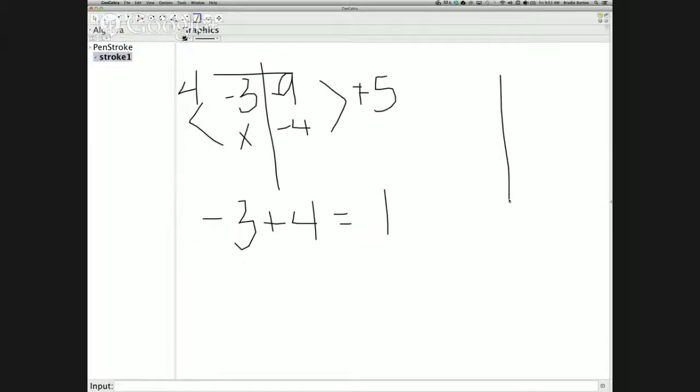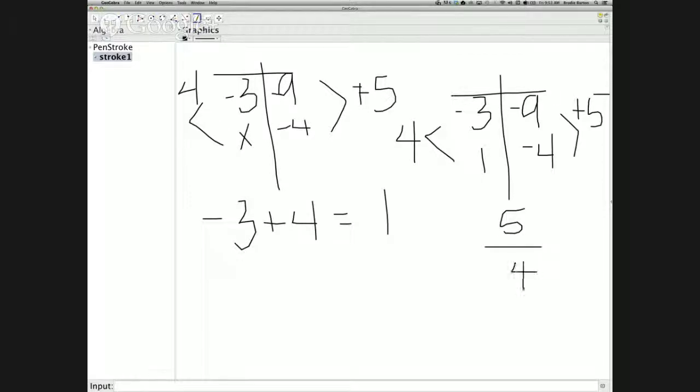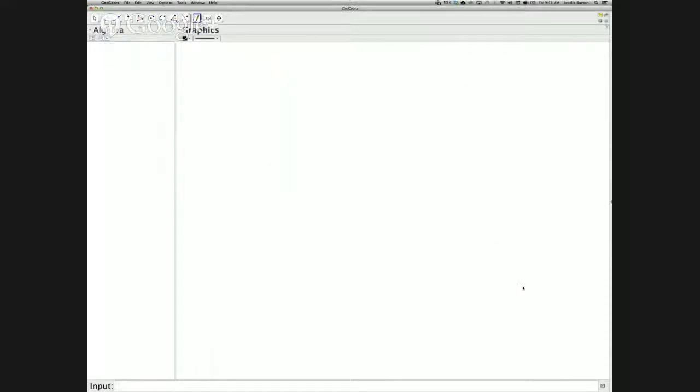So I'm going to check myself just to make sure. That's an up 5, and that is an up 4. So rise over run, 5 over 4. Yes, that's correct. Okay, that's numerically.